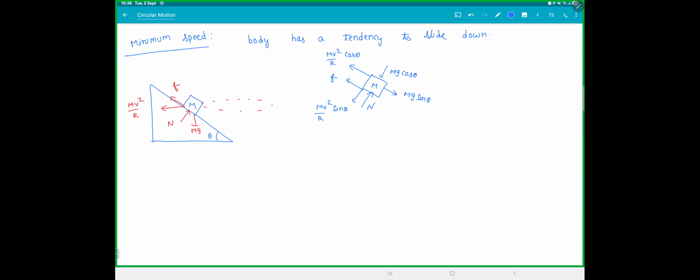Equations will look similar. We get N is equal to mg cos theta plus mv square by r sin theta. Along the incline, friction plus the centrifugal force's component will be mg sin theta.